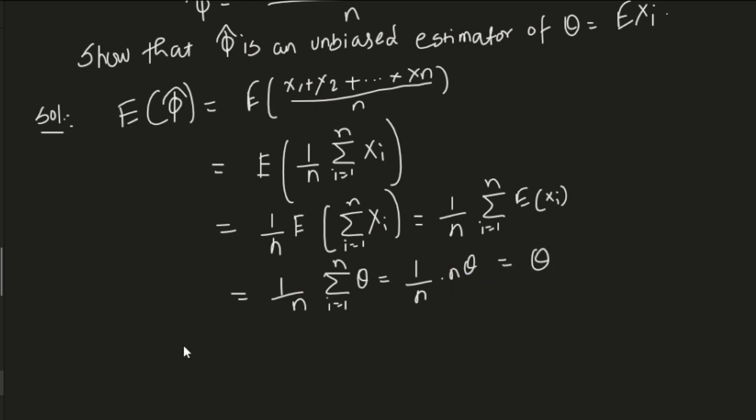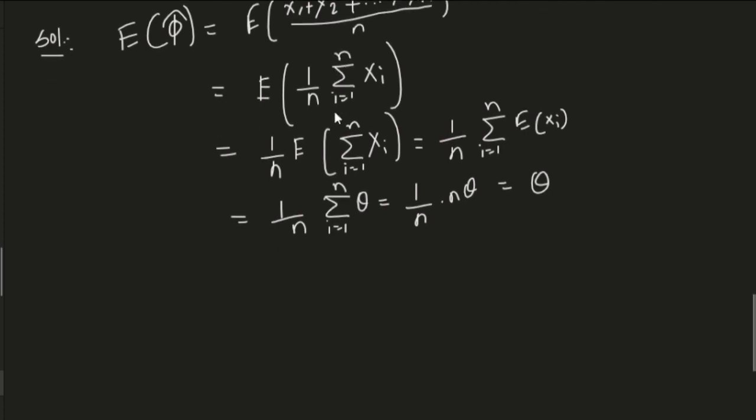Therefore we see that e of phi cap is basically equal to theta, which means phi cap is an unbiased estimator of theta, and that is why it is unbiased and our problem is solved.